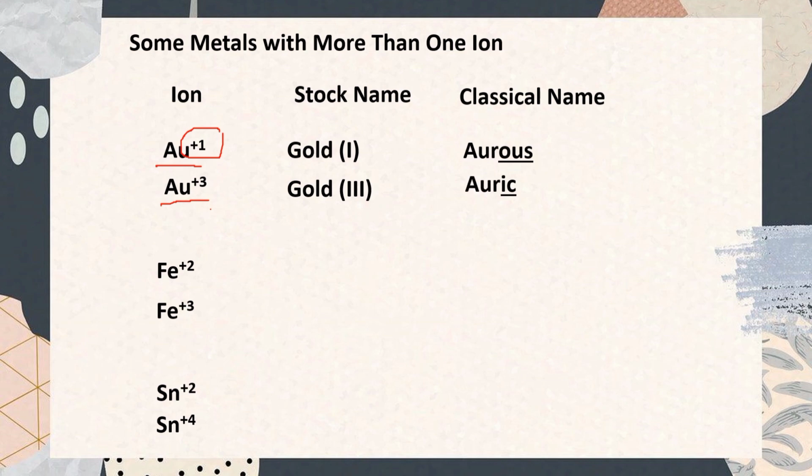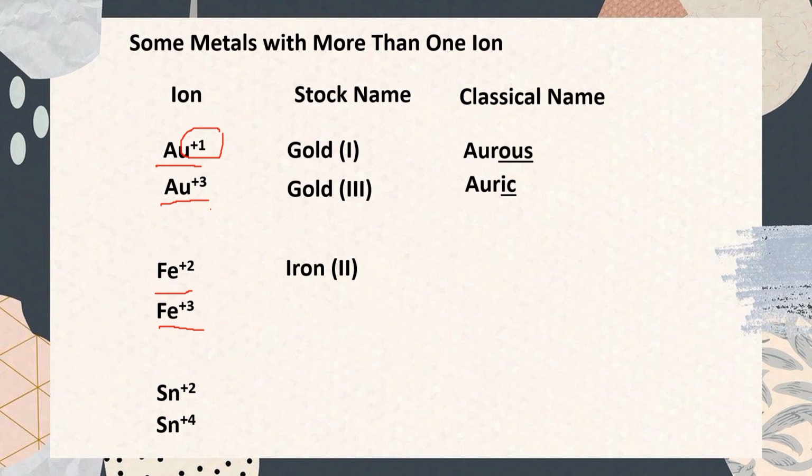Now, let's have the second pair. We have iron positive 2 and iron positive 3. What would be the name of iron positive 2 using the stock method of naming? If you said iron 2, then you are definitely correct. It's iron 2.